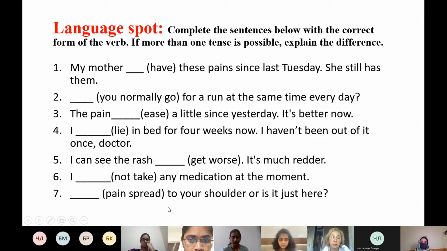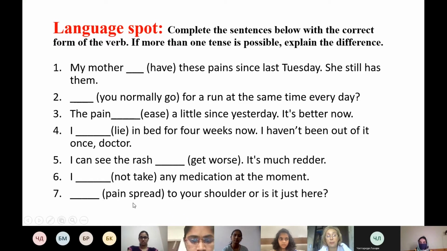I think it's better to use the present simple. And if it is present simple, the pain is spreading to your shoulder, or is it just here? It should be a question. It should start with an auxiliary verb. Is the pain spreading? Is the pain spreading?